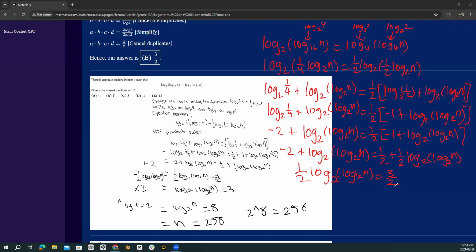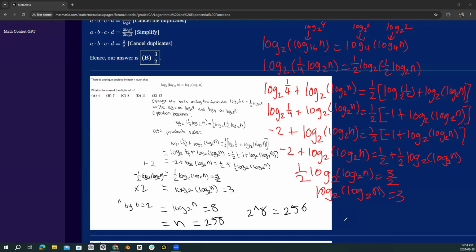So essentially, now that we have our equation here, it's pretty simplified already. We can just multiply everything by 2 to get rid of the denominators of the fractions, which gives us log 2 log 2 n equals 3.